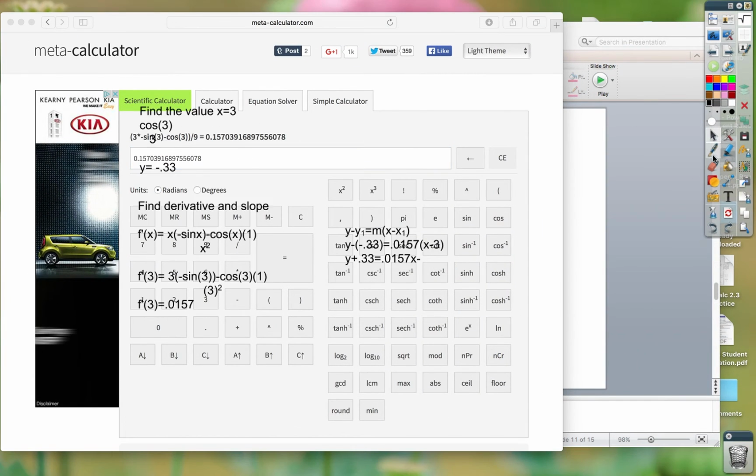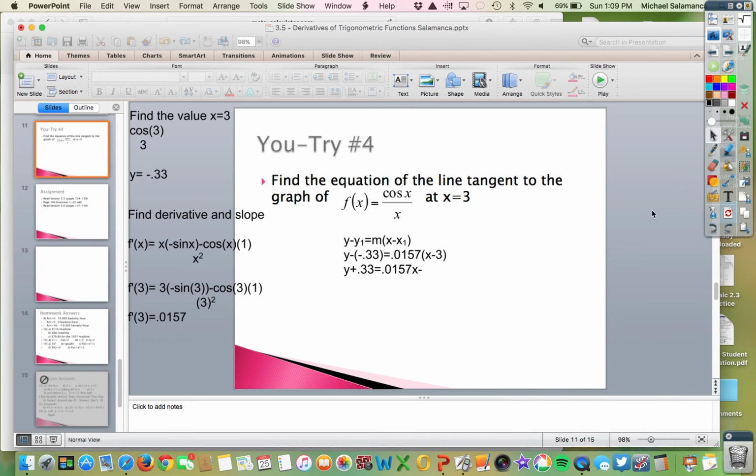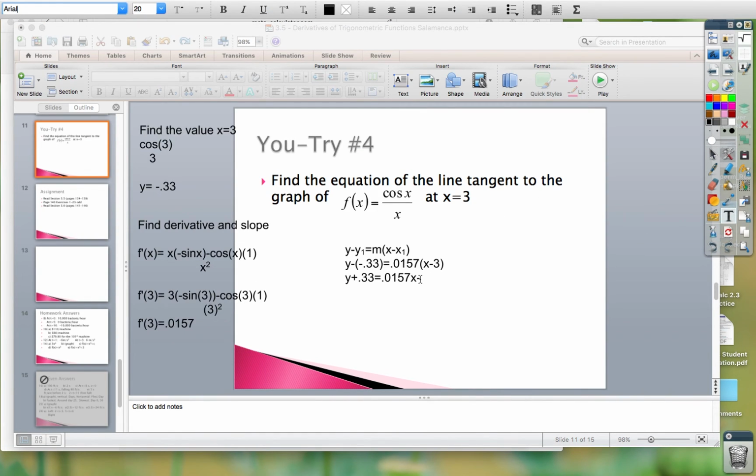So let's punch that in really quick. And that's 0.047. Then we're going to add 0.33 to both sides.